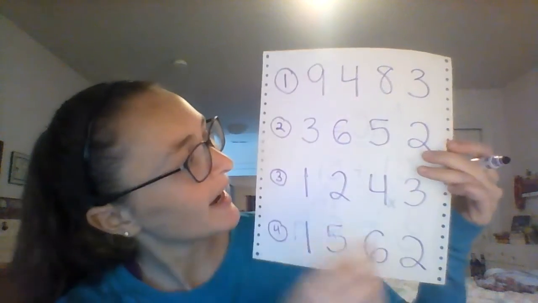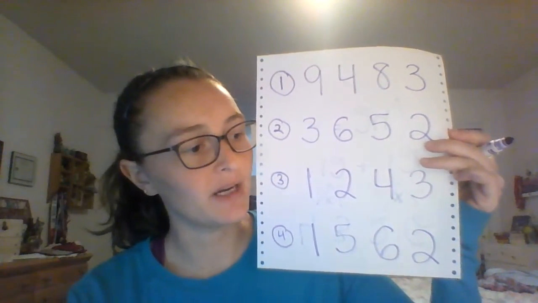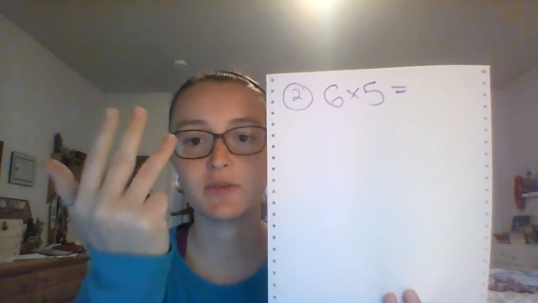So in number 2 we have 3, 6, 5, and 2. And what we're going to do is multiply 6 times 5 and multiply 3 times 2 and then subtract them. So we have 6 times 5, 5, 10, 15, 20, 25, 30.